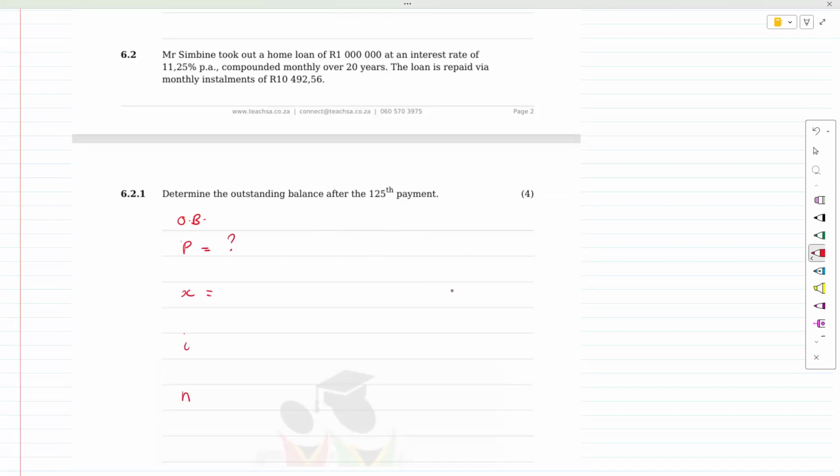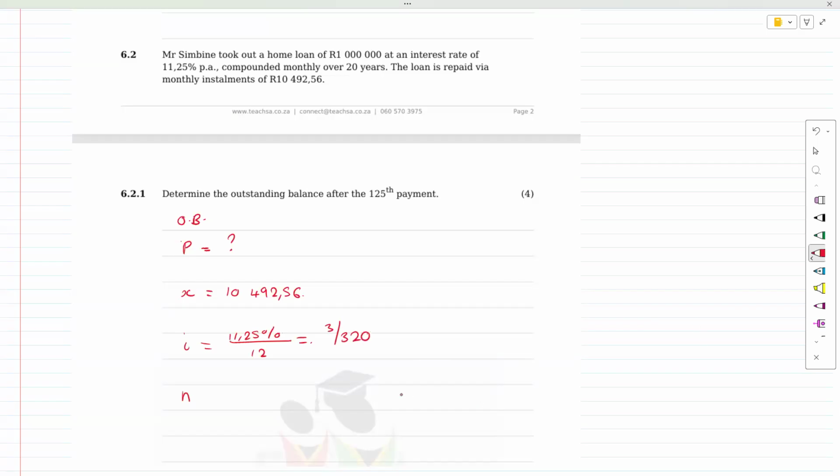We know the X is 10,492.56. We know the interest rate is 11.25% compounded monthly, so divided by 12. And that's 11.25% divided by 12. Should be 3 over 320.